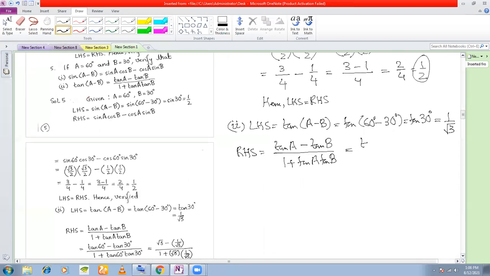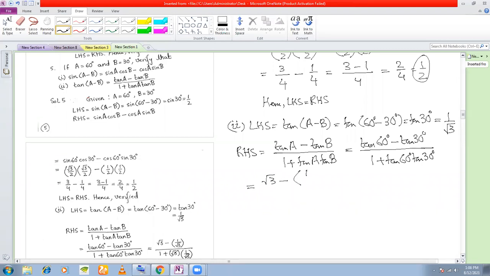Put the values. Tan A 60 minus tan B 30 divided by 1 plus tan A tan B. Tan 60 is root 3.